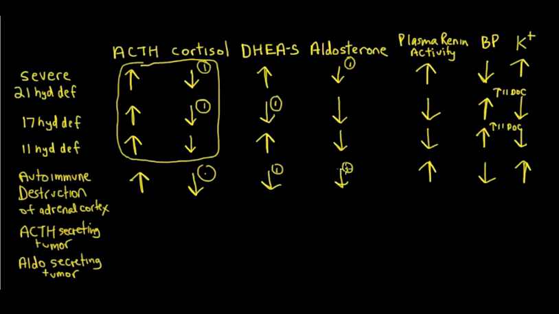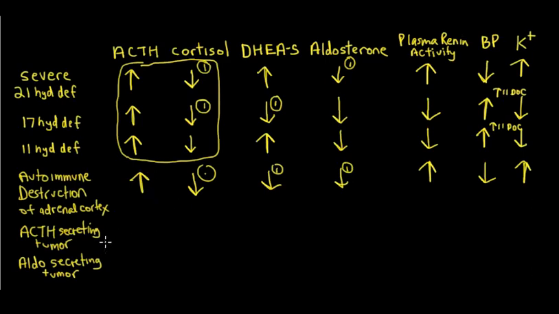Okay, so that would be how we would figure out loss of all zones of the adrenal cortex. One other little side note is that if a patient has this and the ACTH is up there long enough, remember, because of the ACTH's affinity for the melanocyte stimulating hormone receptor on skin, these patients can develop generalized skin hyperpigmentation, which again we'll talk about in other videos in more detail.